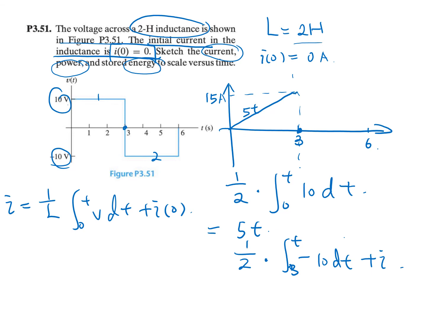The I naught is 15 for stage 1. So let's write 15. And simplify this, you get negative 5t plus 30. So we can draw it like this.